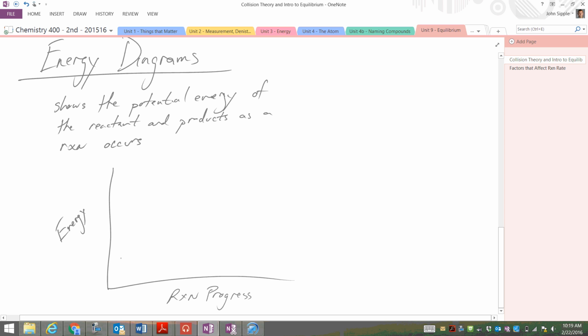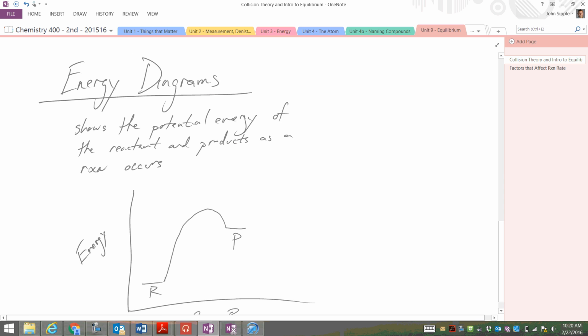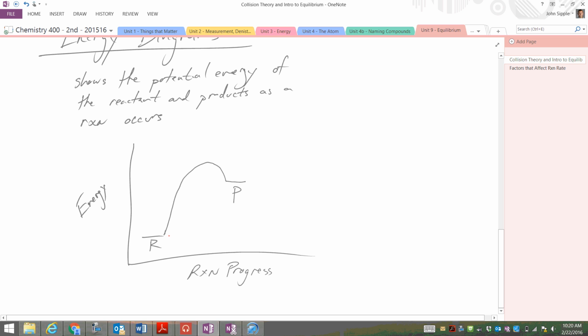So we're going to start off with some reactants, and you're going to end with some products. We'll draw it like this, something along those lines. I'm going to label some different parts, and we'll define these in a second.